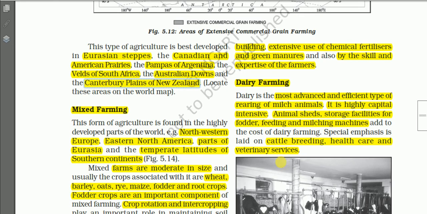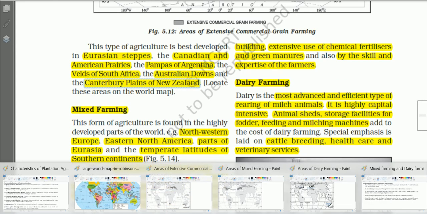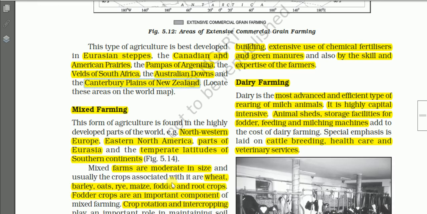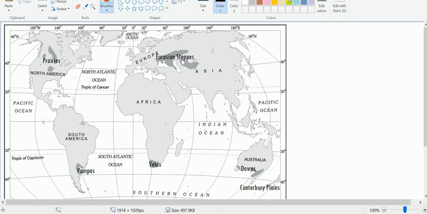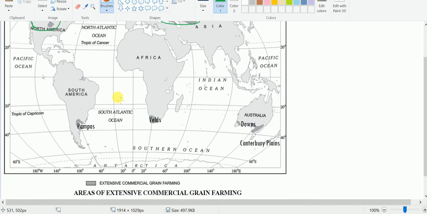Figure number 5.12 shows the same. Here in North America, it is practiced in the shaded areas: the prairies of the USA and Canada, then the steppes of Eurasia, the steppes of Russia, temperate grassland.